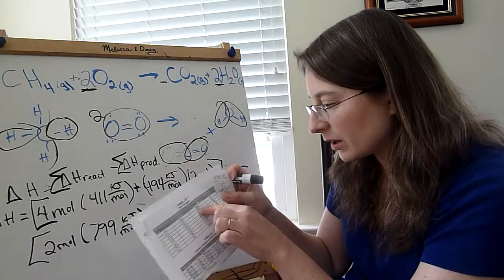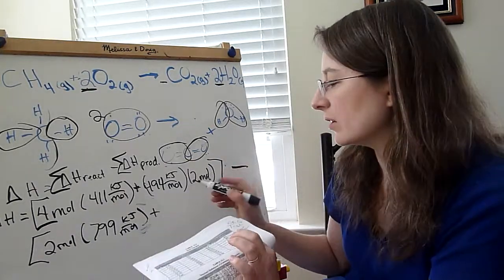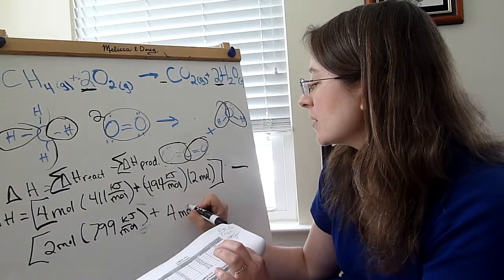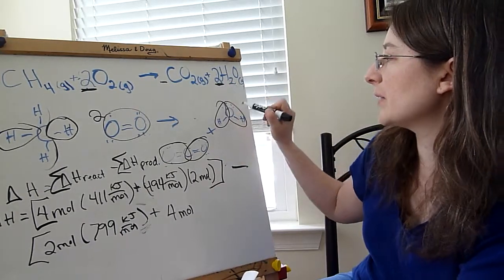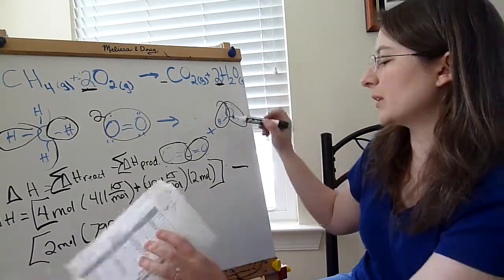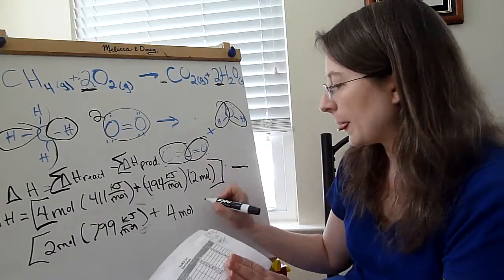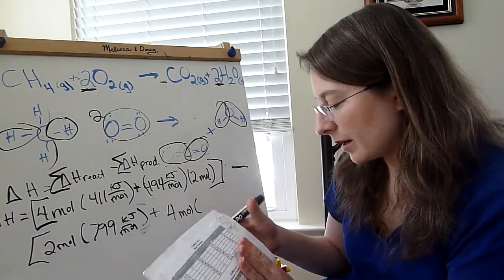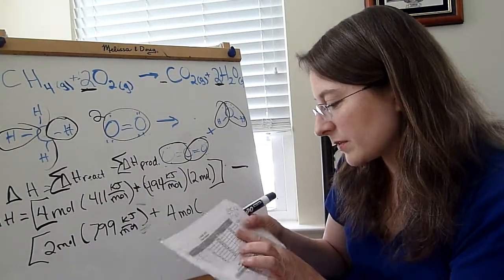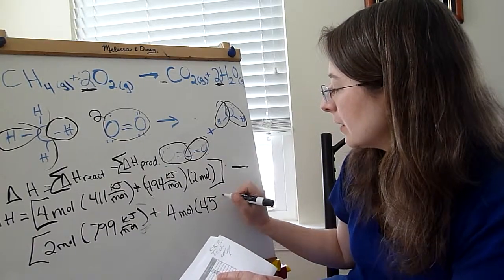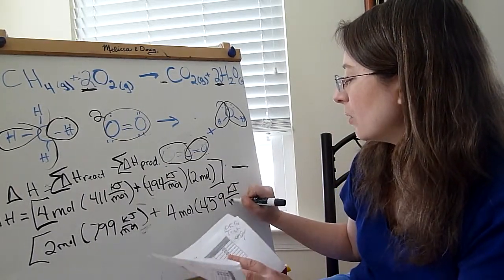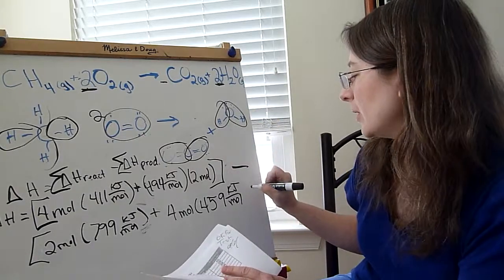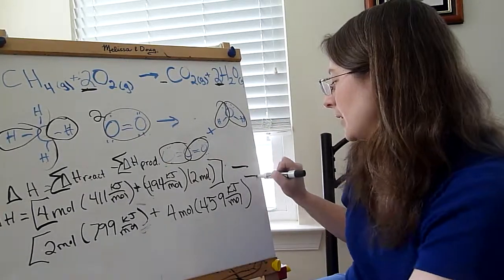So I look here, OH single bond, 459 kilojoules. So I've got 4 moles of bonds, 2 in the balanced equation, times the 2 because there's 2 bonds in each molecule, times 459 kilojoules per mole for an OH single bond. All right, then I close my bracket.